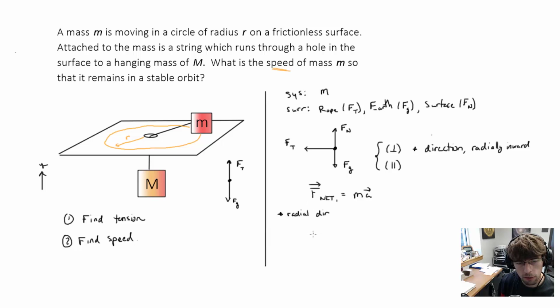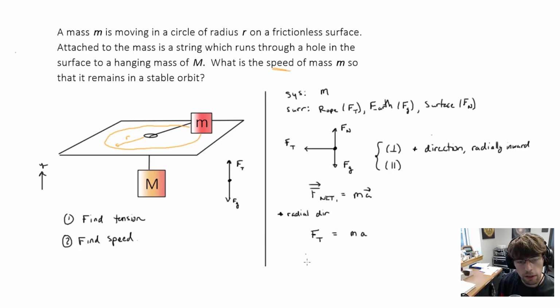Looking at the radial direction, we have our tension force, which is always radially inward, so I put a positive in there, equals our mass times our acceleration. And again, note I have a positive sign here because the acceleration is always towards the center of the circle, again, in the positive direction. So that makes life a lot easier. Okay.